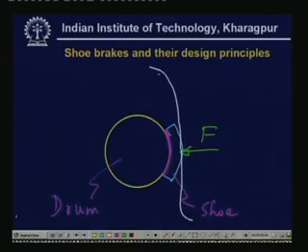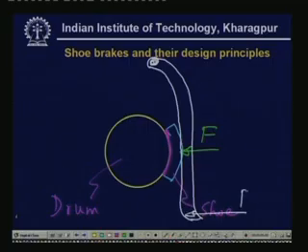This is a lever, and this point is the fulcrum point, and we apply force, not here, but on this one, P. Now, this friction force is acting over here, and the line of action of this friction force may or may not pass through the fulcrum point.